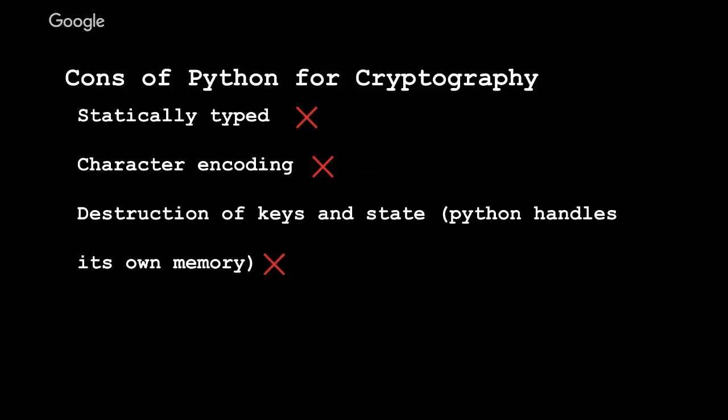There are some issues with the character encoding in Python. If you're sending a stream of bytes, some things might not be encoded as you expect, and that might cause your encryption to work differently. And then finally, Python handles its own memory, so the destruction of keys when you're doing encryption might not happen exactly as you would want it to. They might stick around for a little bit longer than you would want. So those are some of the drawbacks and some of the reasons why it's good to use Python for cryptography.